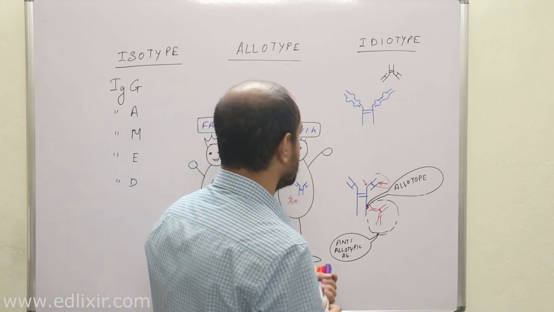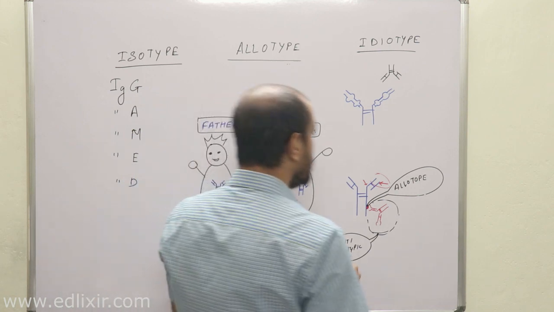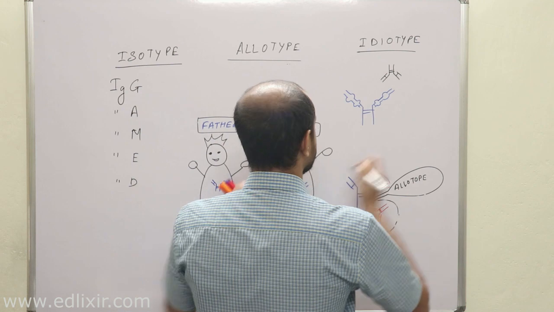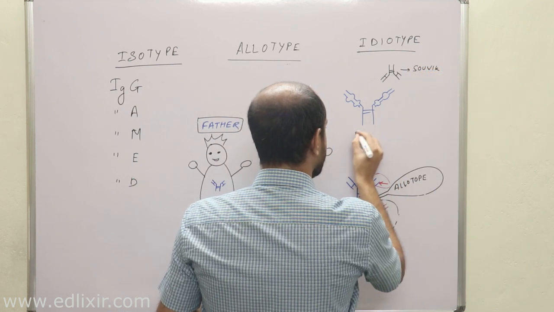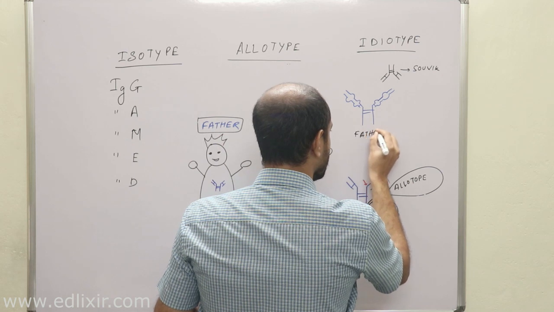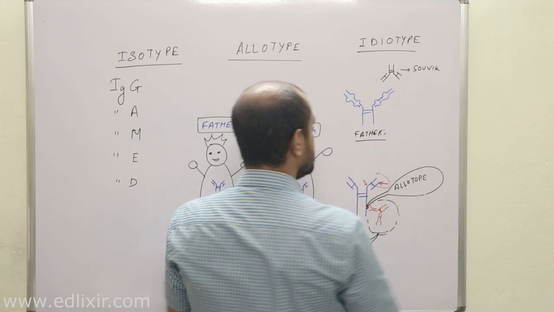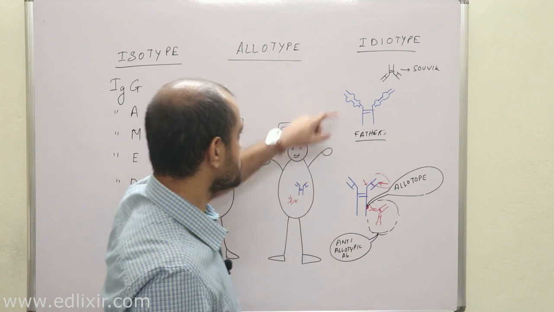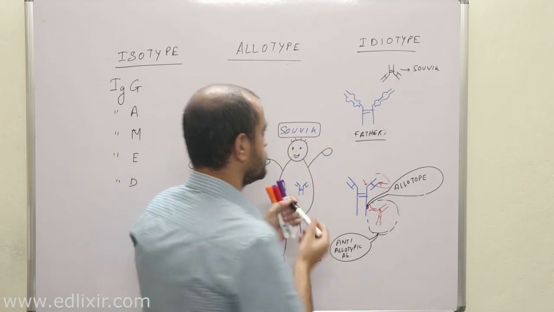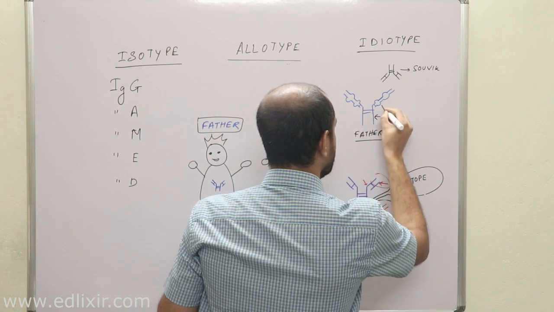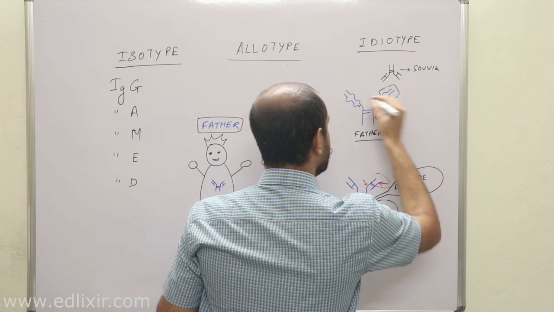Now listen with all your attention. This is my antibody, this is my father's. Now my question is, where will my antibody bind on my father's antibody? Will it be this site, or this? This is the variable region.